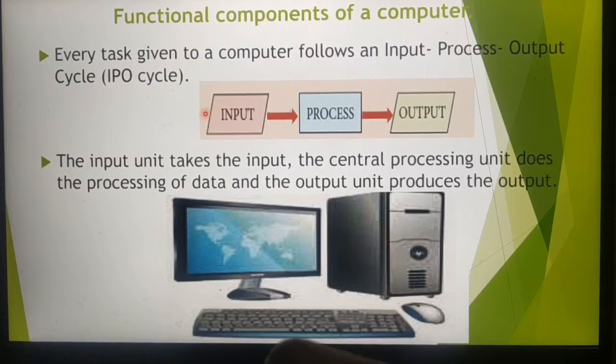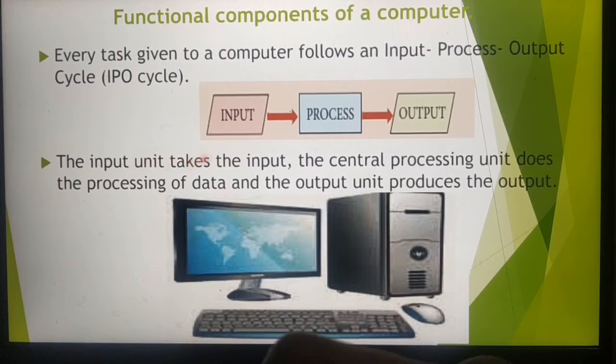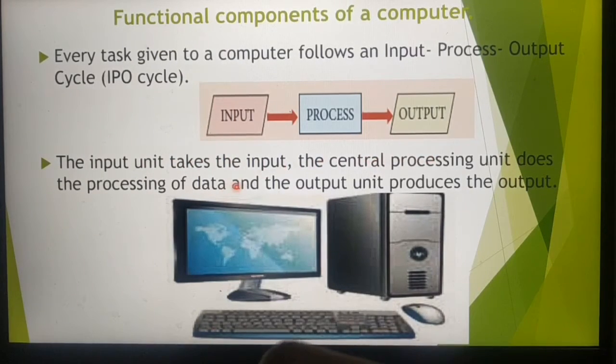Based on the user's input value, the processor does some process, and based on that process, it produces some output. So the input unit takes the input, the central processing unit does the processing of data and the output unit produces the result, which is called output.